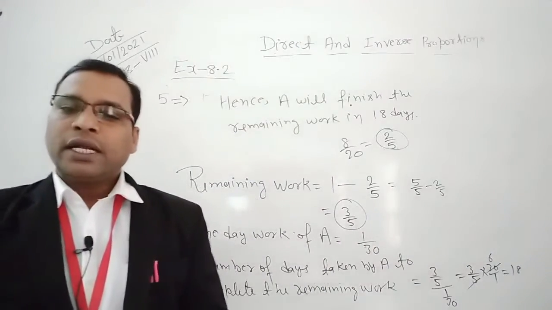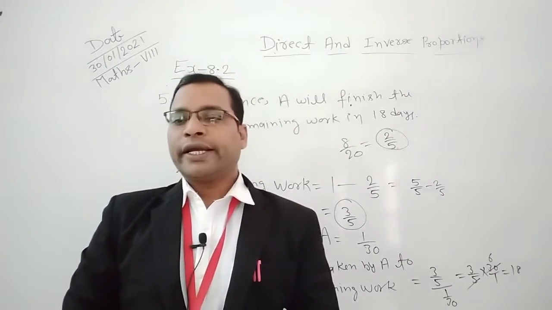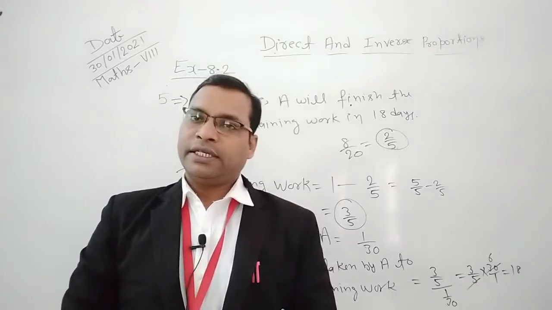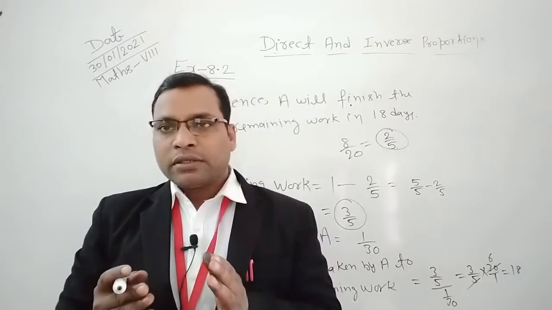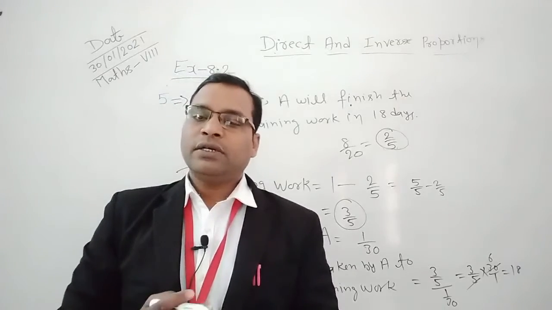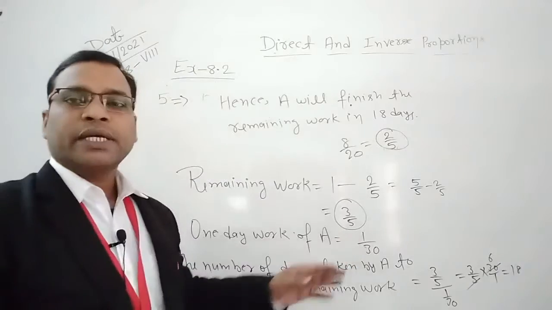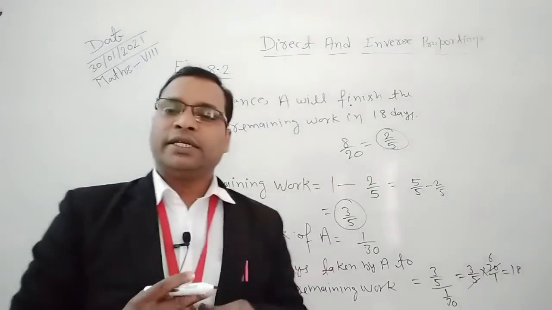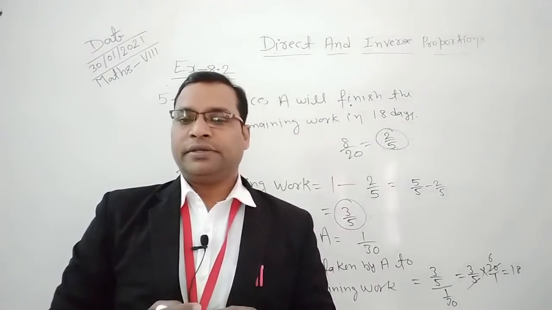Now also, students, this is given that A alone can dig the pond in 30 days. So we find the 1 day work of A. 1 day work of A is equal to 1 upon 30 because A completes this work in 30 days.